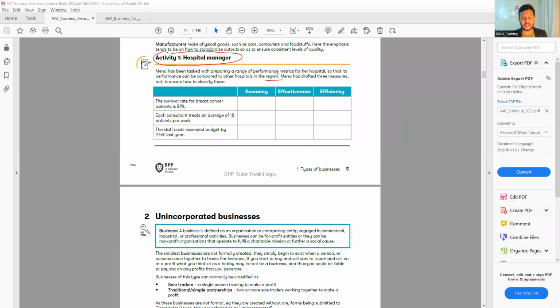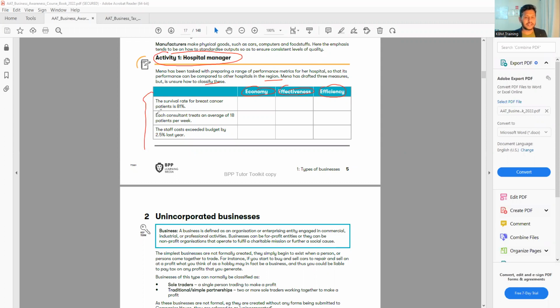Mina has drafted 3 measures, but is unsure how to classify them. So she wants to compare whether they are doing good or bad compared to others: economy, effectiveness, and efficiency. We have some descriptions here.